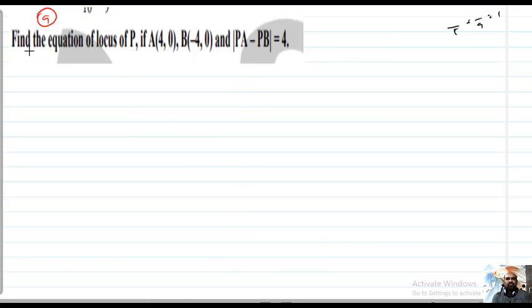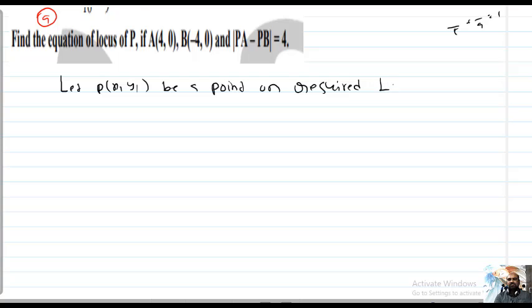Okay, our ninth problem. Find the equation of the locus of P if A is (4, 0), B is (minus 4, 0) and mod of PA minus PB equal to 4. Okay students, let P(x1, y1) be a point on the required locus. Given condition is what?